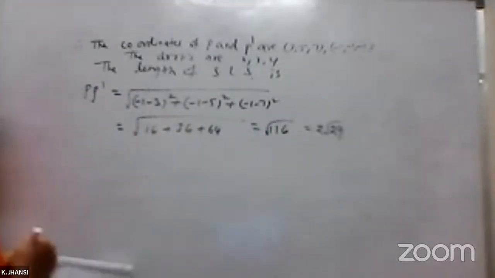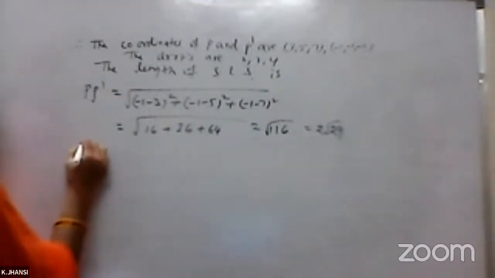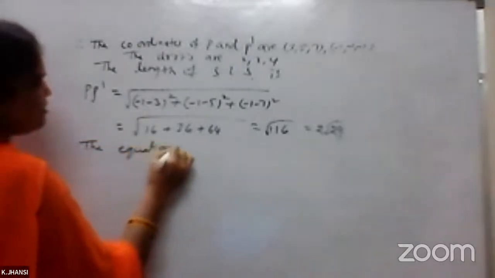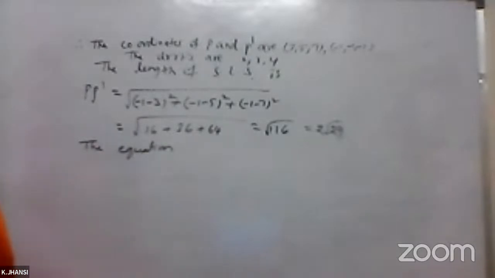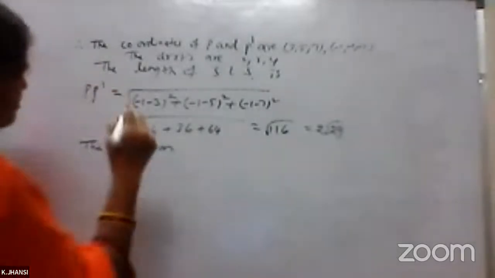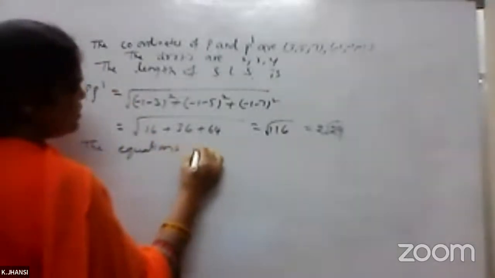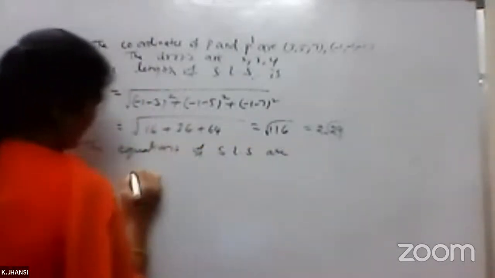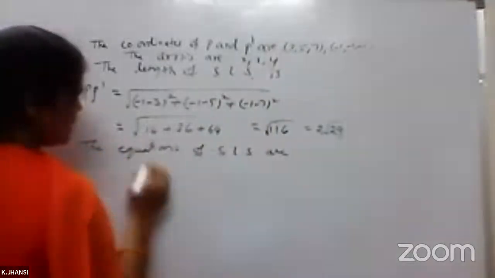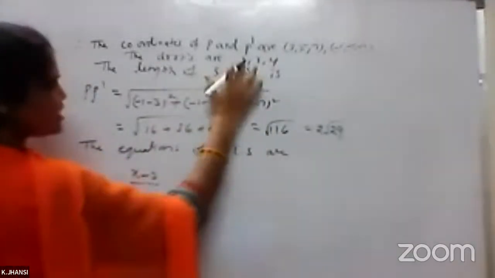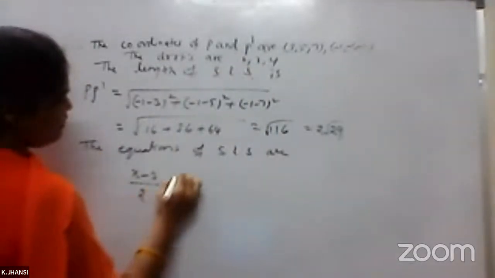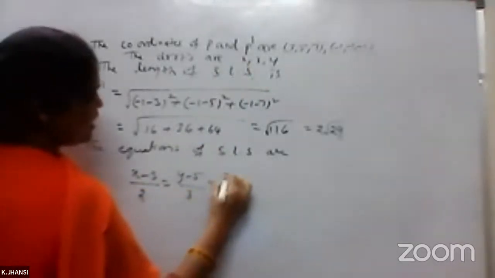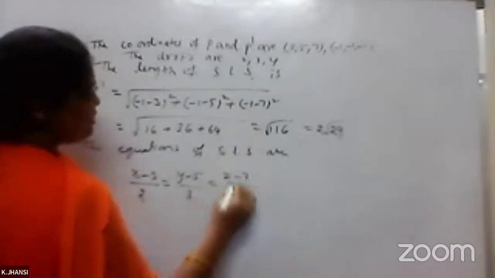So what is the equation now? The equations of the shortest line segment are (x minus x1), so our x1 is 3, by the direction ratio 2, (y minus y1) by direction ratio 3, and (z minus 7) by 4.